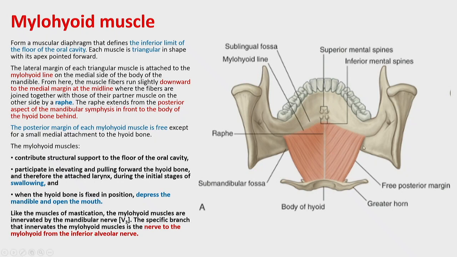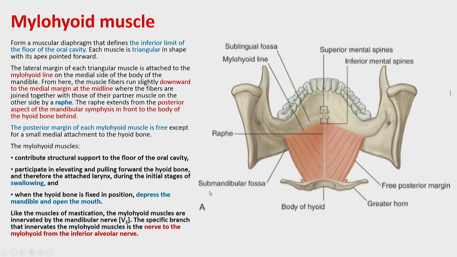Don't forget the free posterior margin of the mylohyoid muscle. This is the place where the submandibular gland, which is outside under the mandible, turns over the mylohyoid muscle and goes inside to the oral cavity. So this is the mylohyoid muscle.